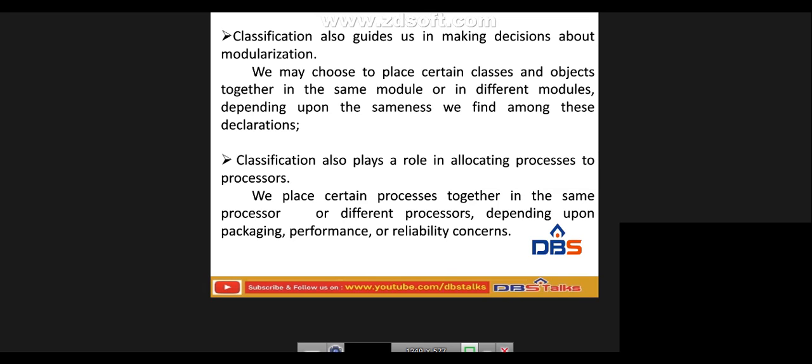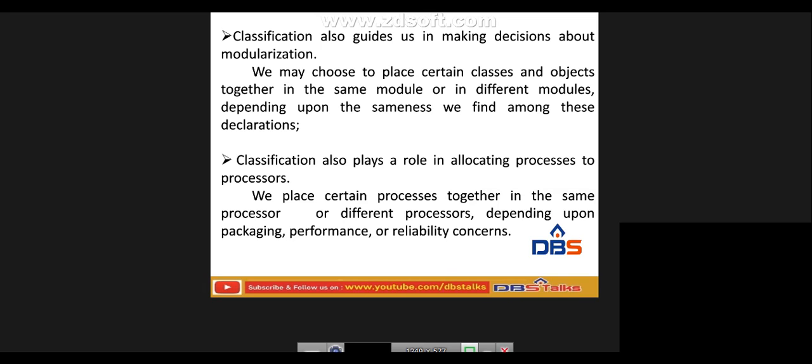Classification also plays a role in allocating processes to processors. We place certain processes together in the same processor or in different processors depending upon packaging, performance, or reliability concerns.